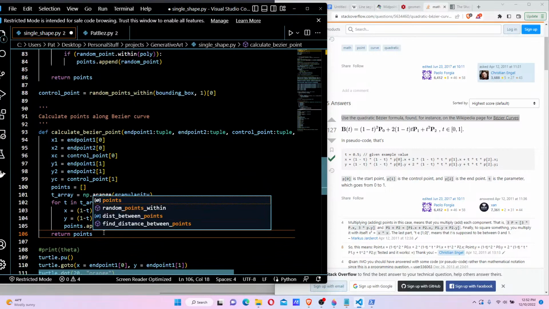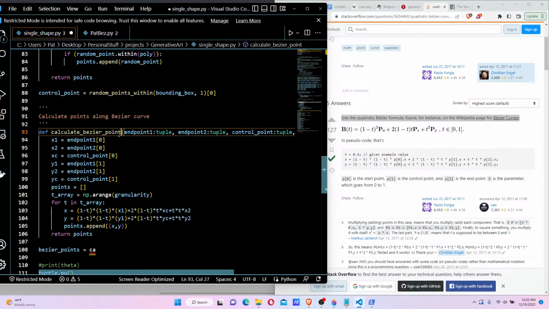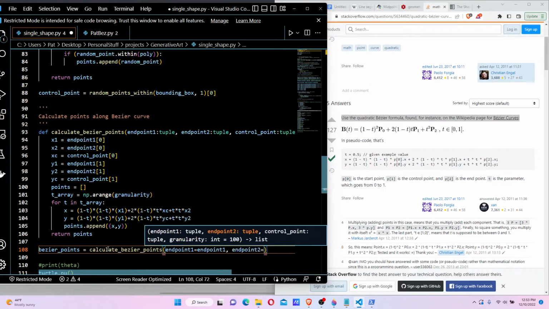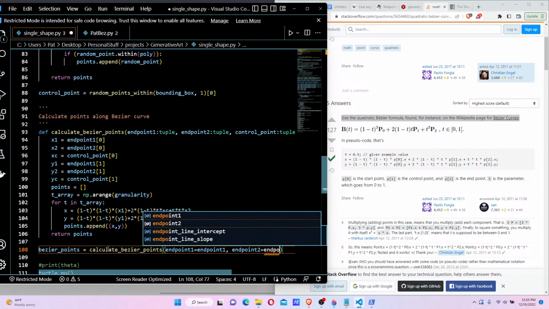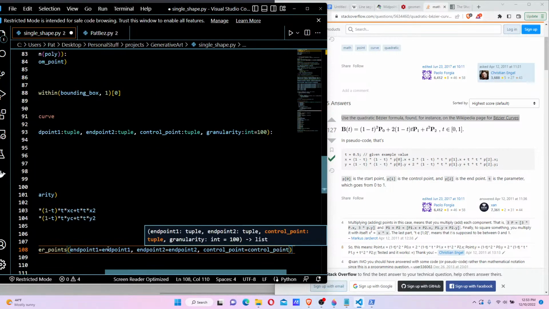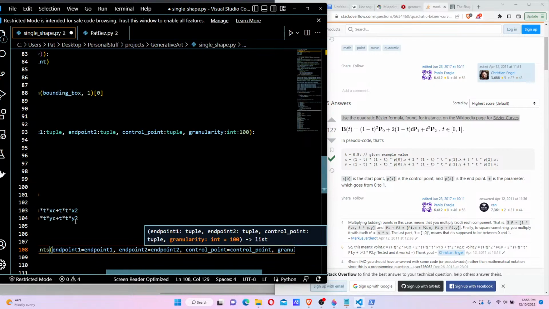Okay, now Bezier points is equal to calculate Bezier points, and point 1 is equal to endpoint 1, endpoint 2 is equal to endpoint 2, control point is equal to control point, granularity is equal to 100.